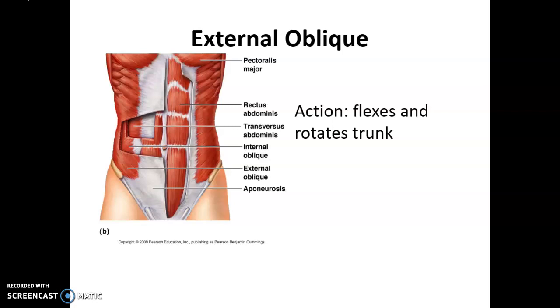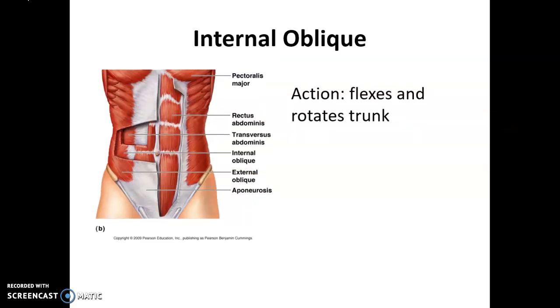Remember the term aponeurosis, that is nothing but a very flat tendon. When the tendon gets very flat, we call that aponeurosis, and we have aponeurosis associated with the flat muscles of the body. Okay, so very superficially, these muscles are called external oblique. They help us to flex and rotate the trunk.